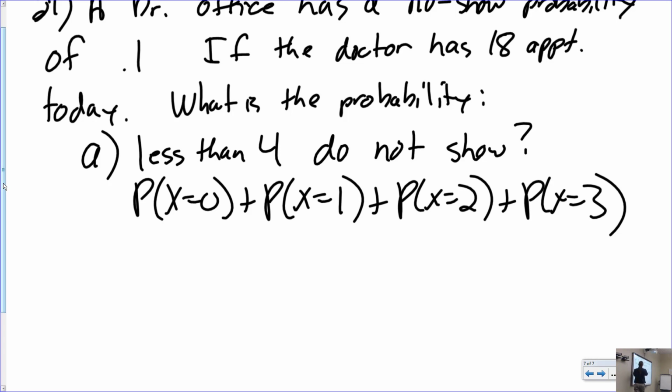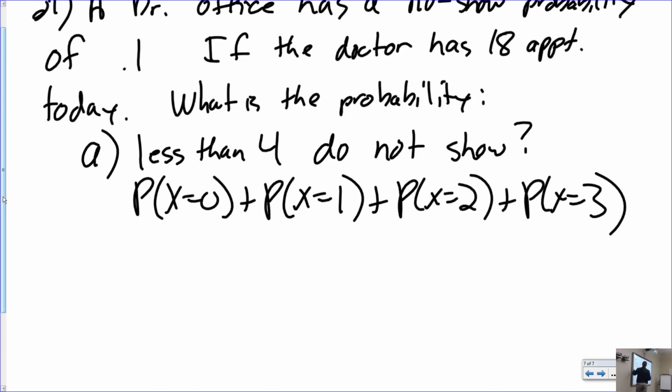So what's the probability that he has 0 no-shows? How would you use that hit or miss binomial probability?